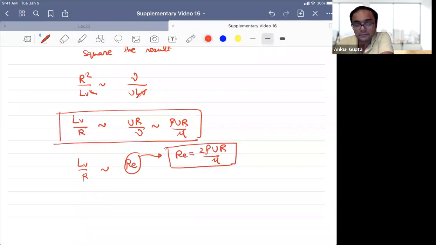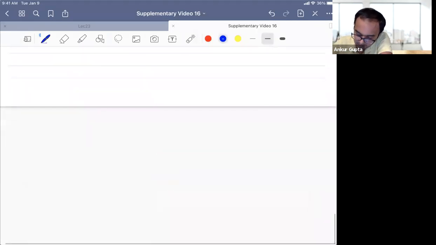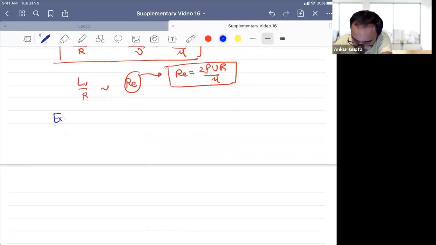But this is what we get from the analysis, and what this is telling us is the larger the Reynolds number, the longer it will take the system to become fully developed, right? That's an important result, because at really large Reynolds numbers you have to wait a distance before you can claim that the system is fully developed. But what is the exact result? The exact result is given in the book, I think in chapter 7: LV by R is equal to 1.18 plus 0.11 RE.